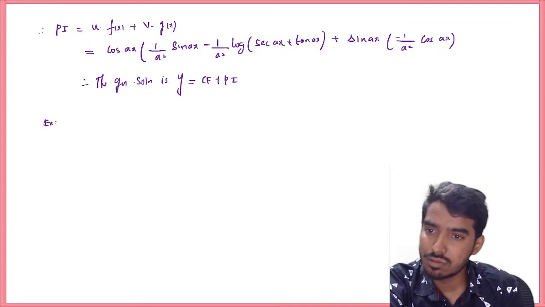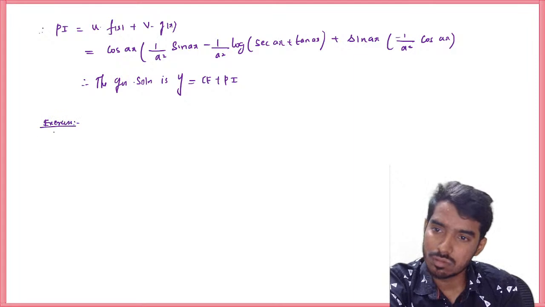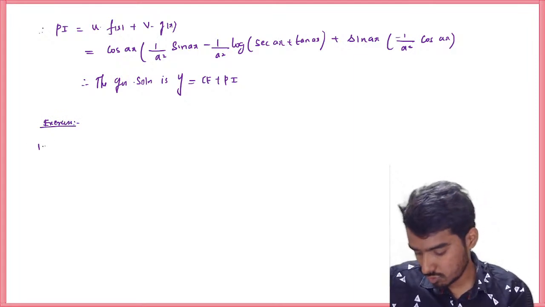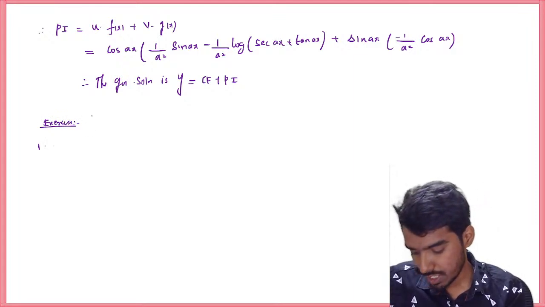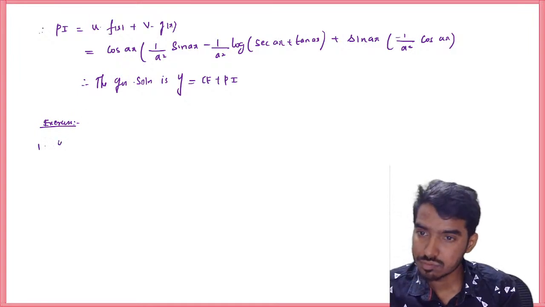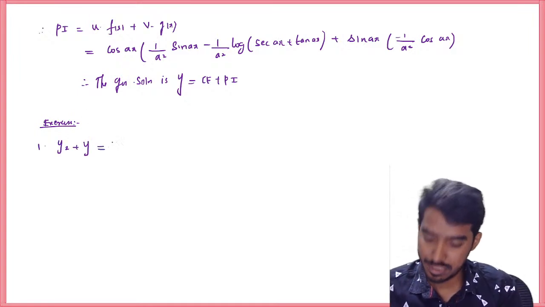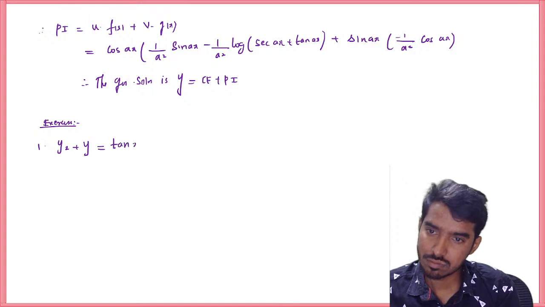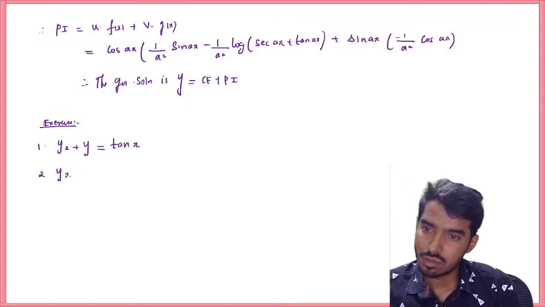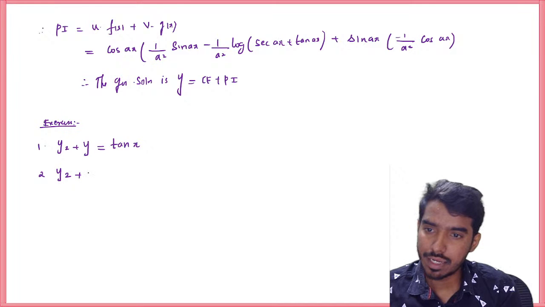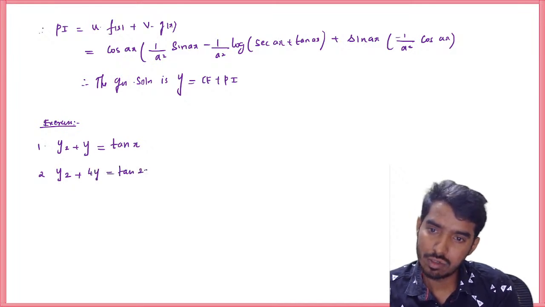Now exercise. Based on this, you have to solve y2 plus y is equal to tan x. So y2 means d square by dx square, right? y2 plus 4y is equal to tan 2x, right?